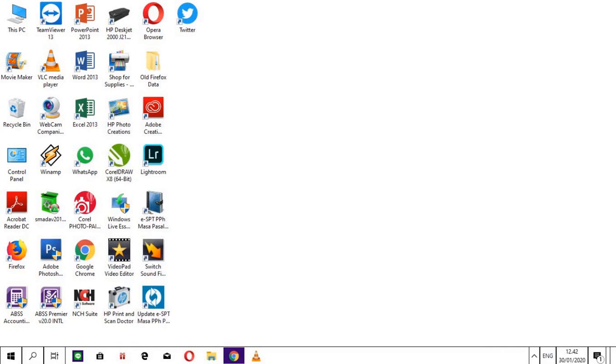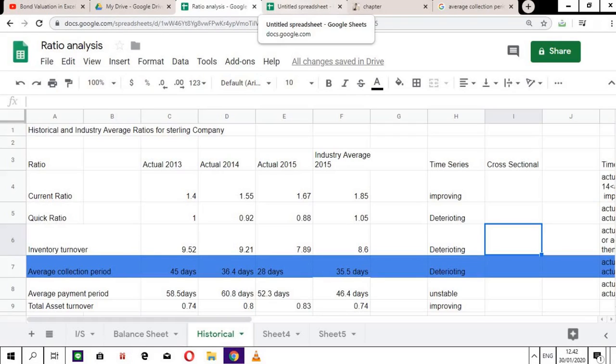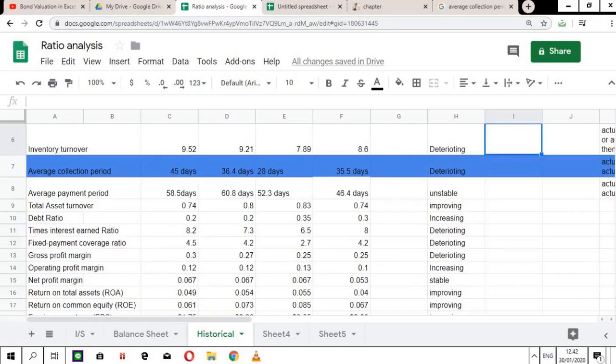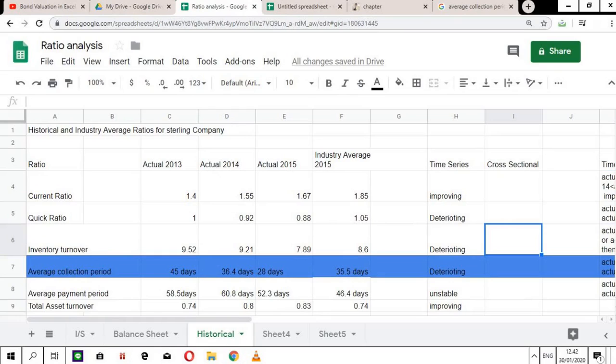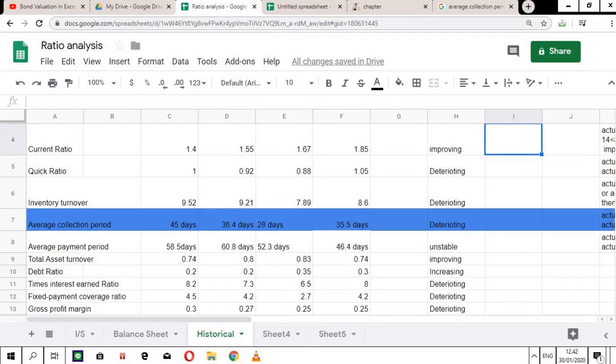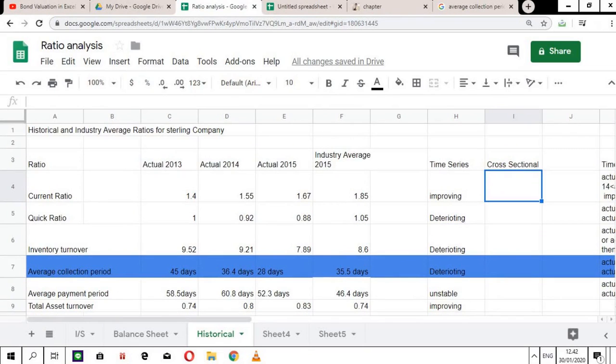Okay, we're gonna jump to cross-sectional, and then we're gonna fill in. Actually, each ratio is different. If the current ratio is increasing and the average collection period is not increasing, it doesn't mean they have good cross-sectional results.